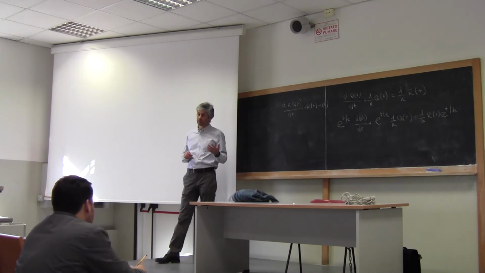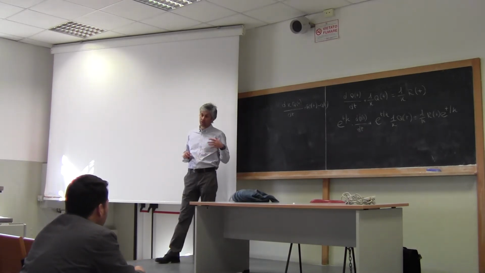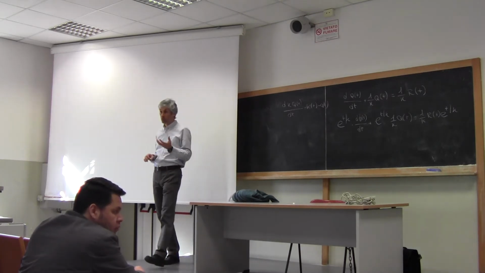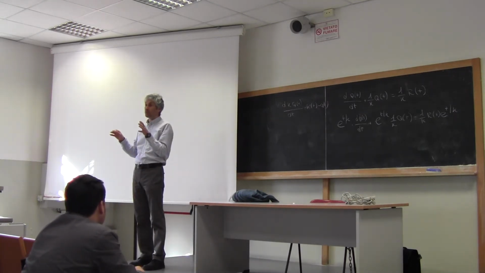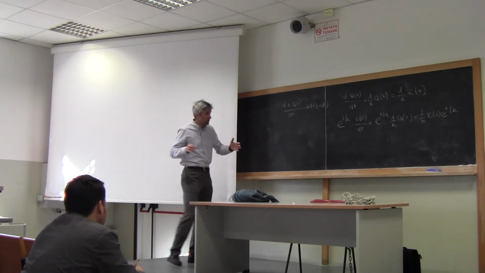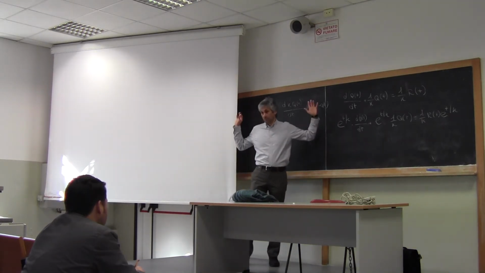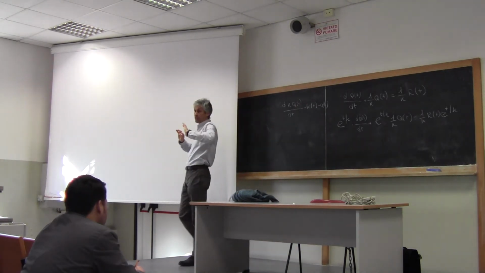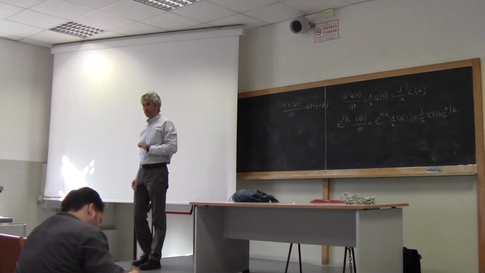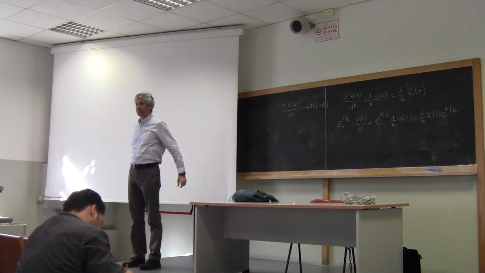Or you can see it in another way, which physically is more reasonable. What is our purpose? It is to compute q at a given time t. So t is given. So e to the power of t over k is a constant, once the time is given.